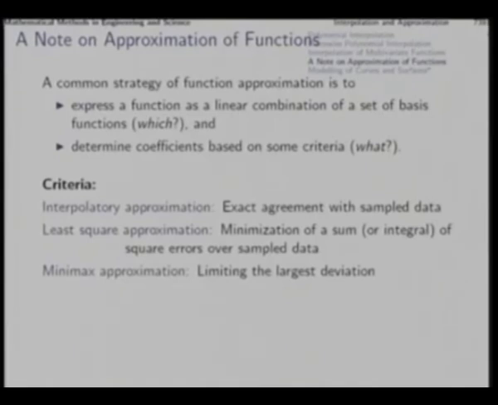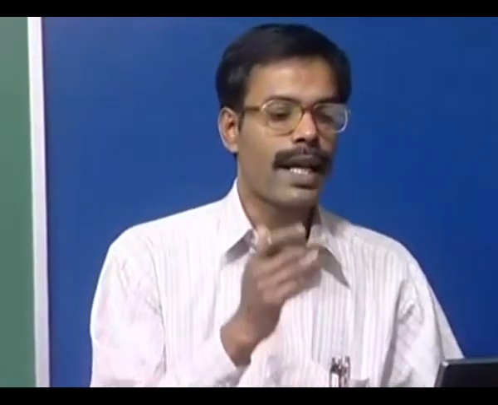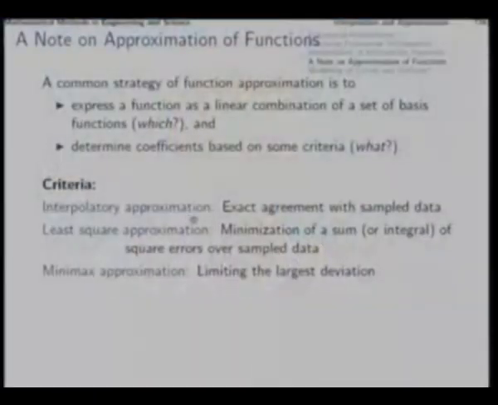Now, if we decide that our criterion is exact agreement with sample data, then we get one kind of approximation, which is interpolatory approximation, which we have been doing in this lecture. There is another kind of criterion, that is least square approximation.